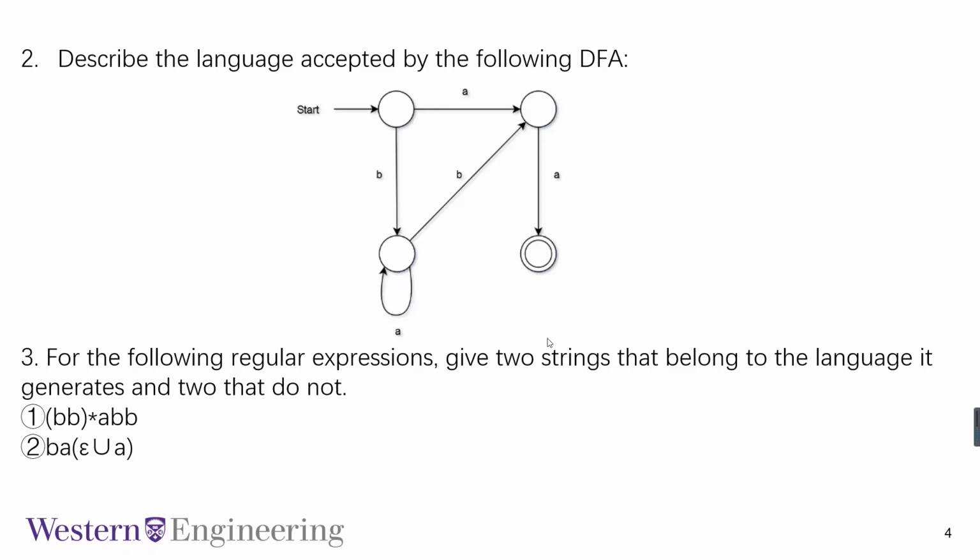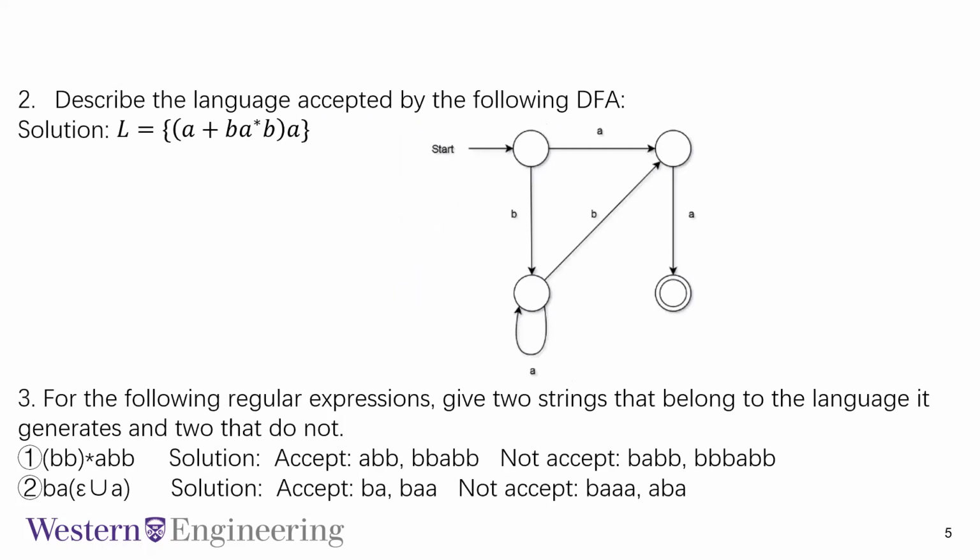Hello everyone. Let's see the solutions for the two questions. For question 2, we can see that the DFA of this language has two branches. The first branch is this, and this is the second branch.